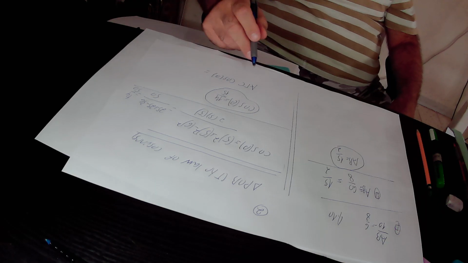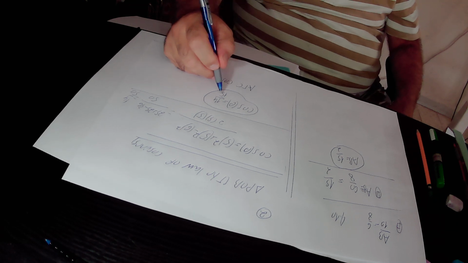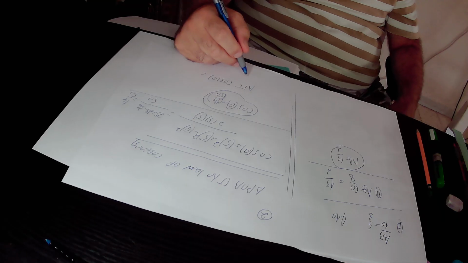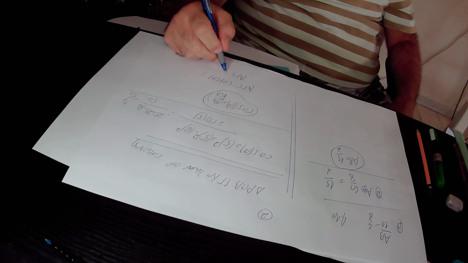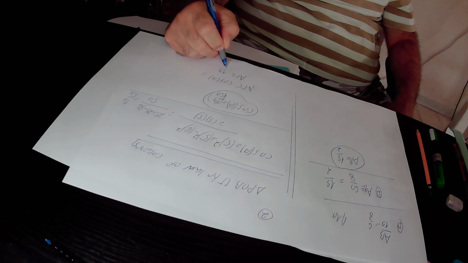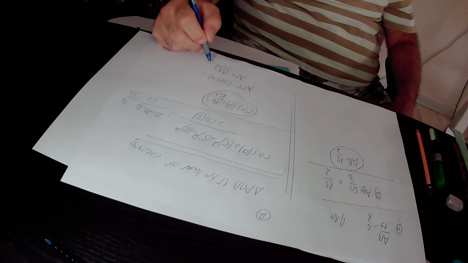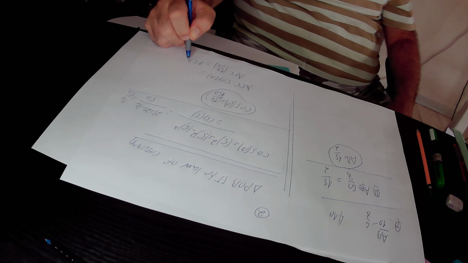First of all, cosine theta is 14 over 50. So theta is the arc cosine of 14 over 50. The arc cosine of 14 over 50 is equal to 73.74 degrees.